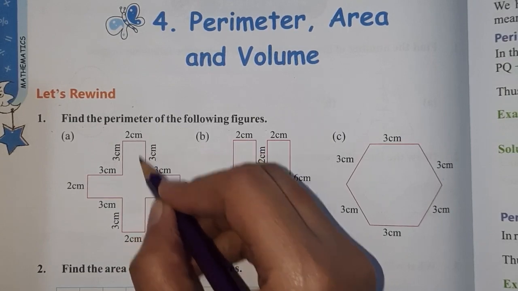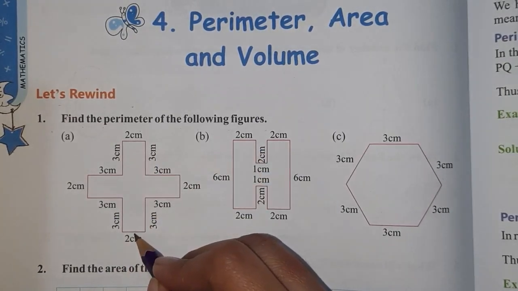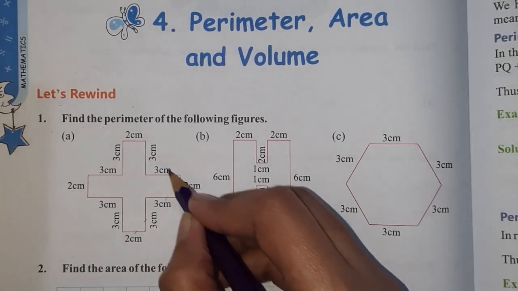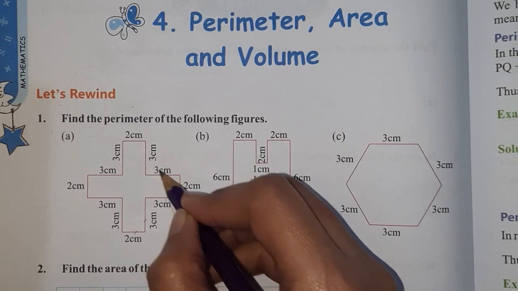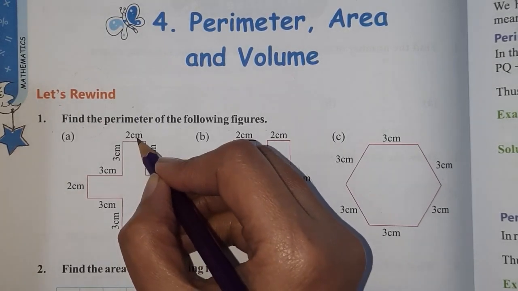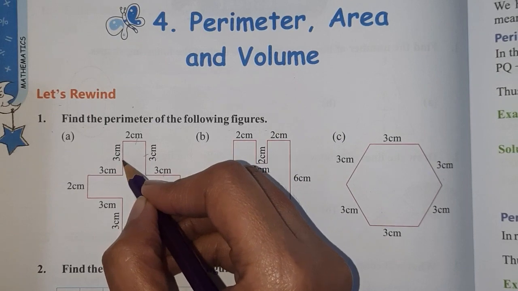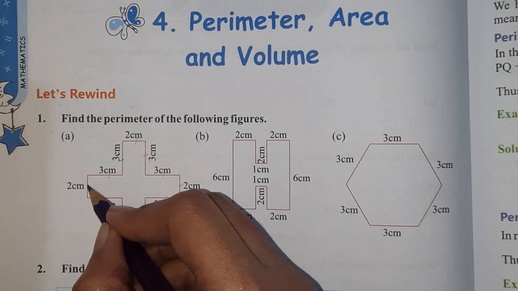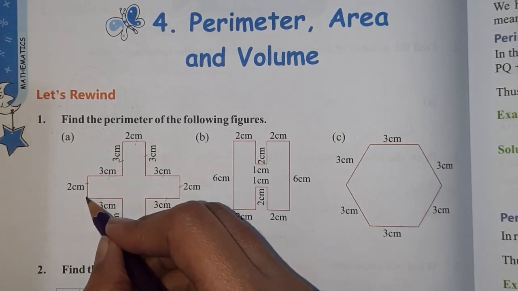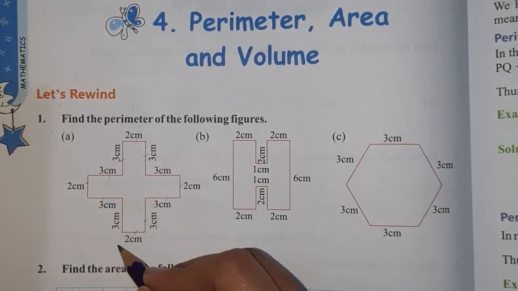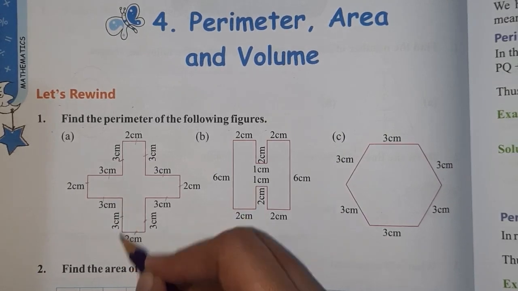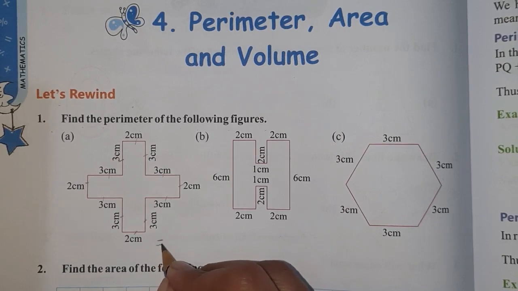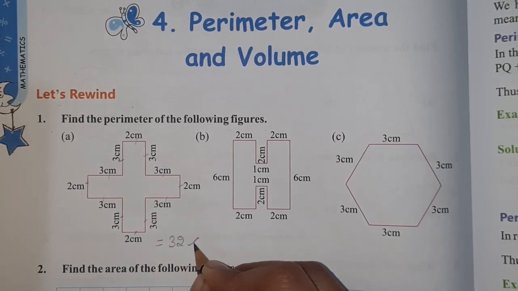Like we are going to start from here. 2 centimeter, 2 plus 3, 5, 5 plus 3, 8, 8 plus 2, 10, 10 plus 3, 13, 13 plus 3, 16, 16 plus 2, 18, 18 plus 3, 21, 21 plus 3, 24, 24 plus 2, 26, 26 plus 3, 29, 29 plus 3, 32. So perimeter of this figure is 32 centimeter.